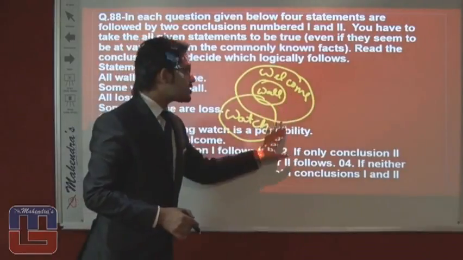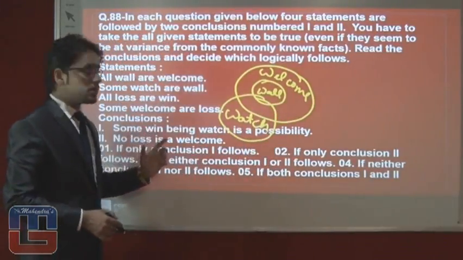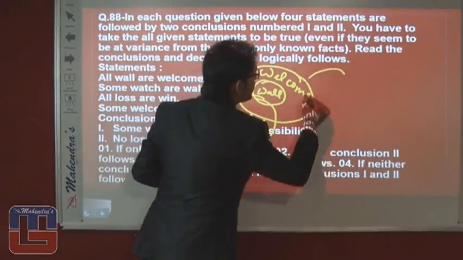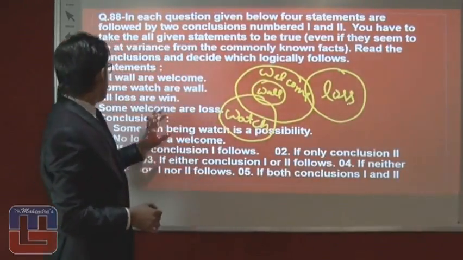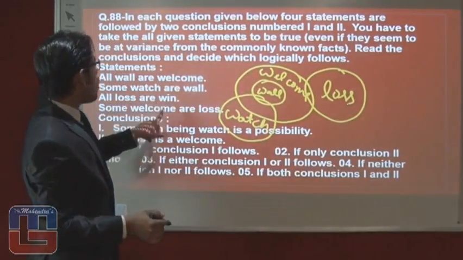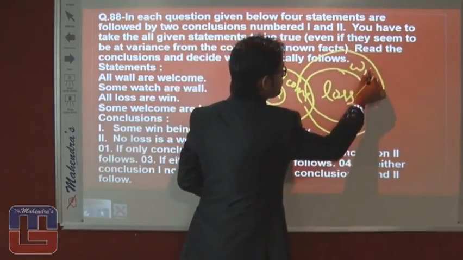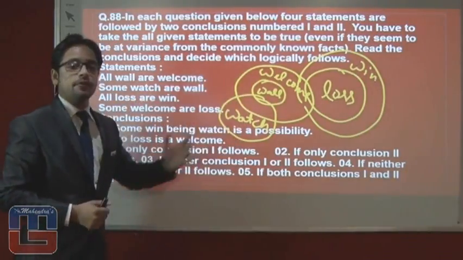We cannot consider this one at this time because neither do we have well, nor win, nor loss. The last statement is saying some welcome are lost. We can combine it, some welcome are lost. Now we can use this statement over here, all laws are win. All laws are win. So with the help of these four statements, we can make this type of diagram.